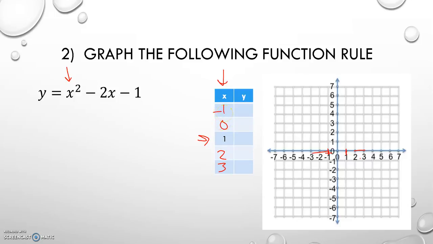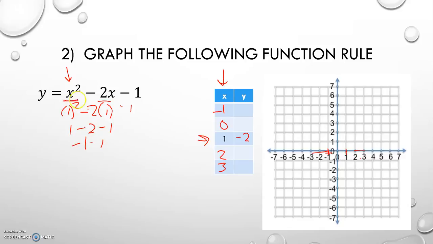But if I start with 1 and I plug that in, it's going to be 1 squared minus 2 times 1 minus 1. 1 squared is 1, minus 2 times 1 is -2, and then -1. Well, 1 minus 2 is -1, and -1 minus 1 is -2. So I'm going to plug in, let's say, 0 next. If I plug in 0, x squared is 0, minus 2 times 0, that's 0.